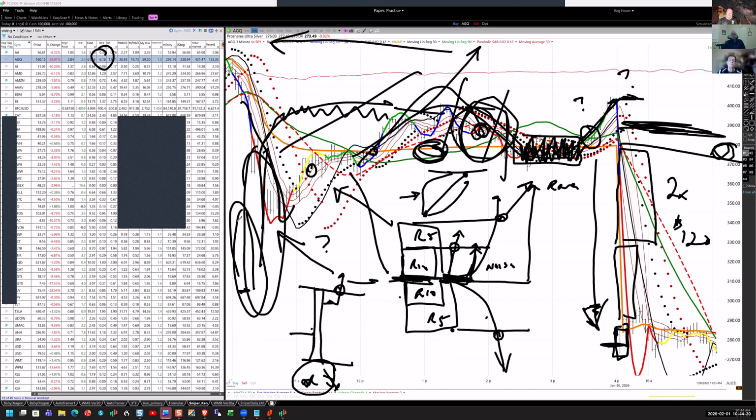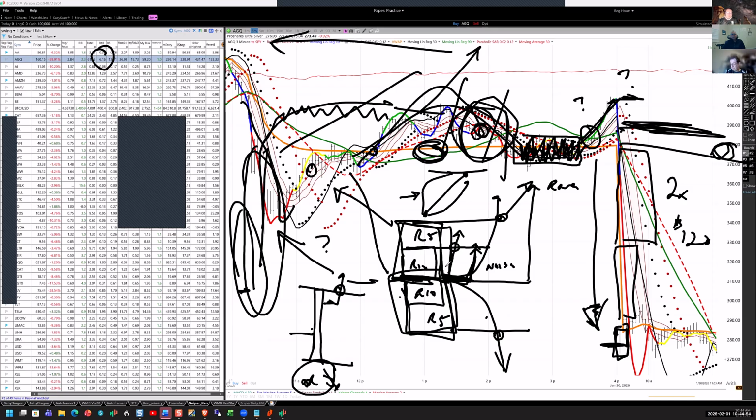I will tell you this: the bigger the gap, the more I use the R5 bracket or the R10 bracket. I'm comfortable using the R5 bracket. It doubles the size of the move, but there's still plenty of follow through.